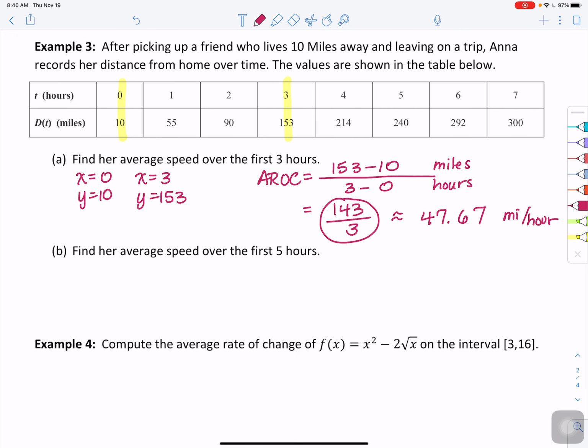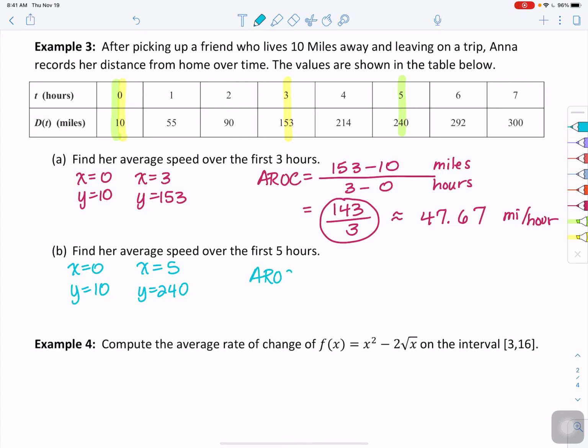Okay, how about over the first 5 hours? That would be between t equal to 0 and t equal to 5, so x equal to 0, x equal to 5. She was 10 miles from home at time 0 and 240 miles from home at the 5th hour.